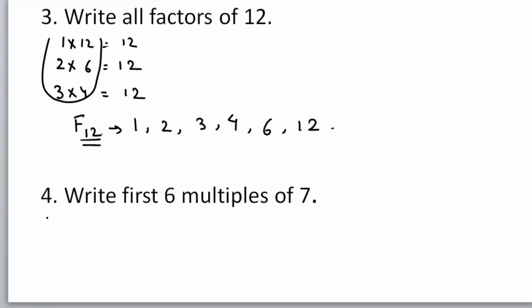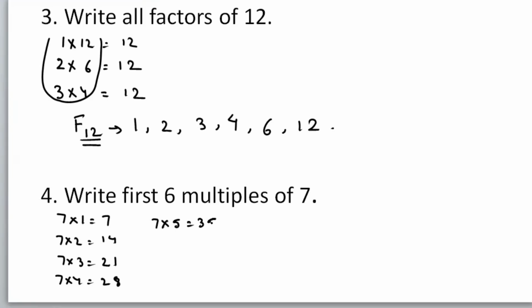Now let's go to question number 4. It says, write the first 6 multiples of 7. So what are the first 6 multiples of 7? 7 times 1 is 7. 7 times 2 is 14. 7 times 3 is 21. 7 times 4 is 28. 7 times 5 is 35. 7 times 6 is 42.